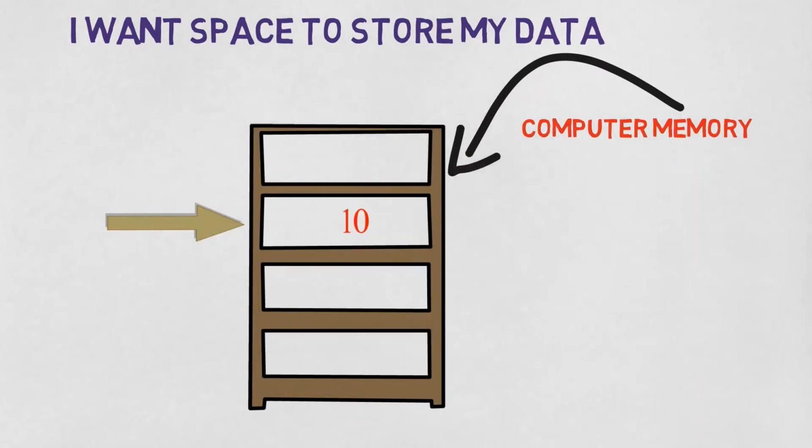Let us say the computer has given us that second memory block and it is allowing us to store our data there. Actually, the technical term for that memory block is memory location. Now understand this. In the further programming, I want to use my value 10 only by referring to that particular memory location where it is stored.